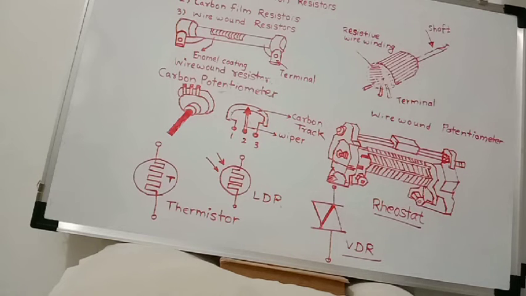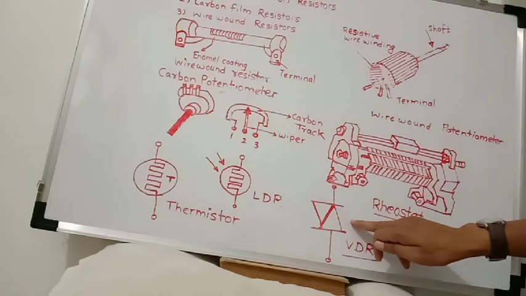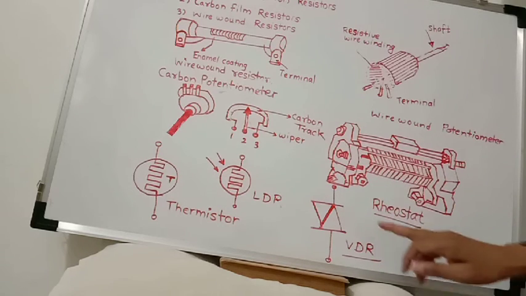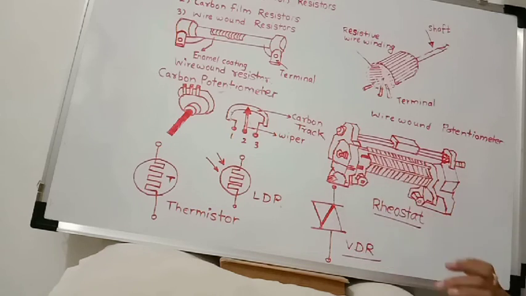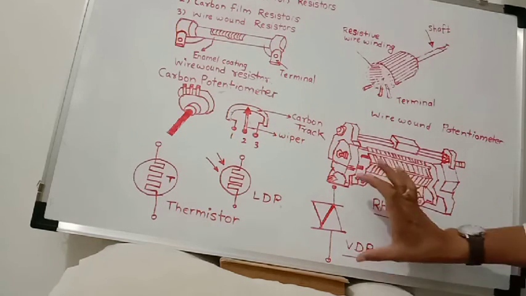The next type is a varistor or voltage dependent resistor. It is also a non-linear type resistor. This VDR has its resistance made variable with voltage, which means its resistance depends upon the voltage applied across it.